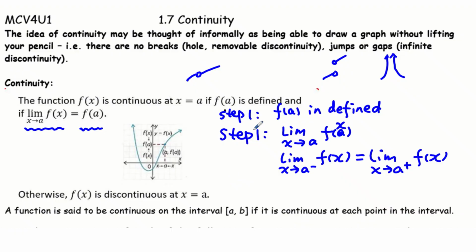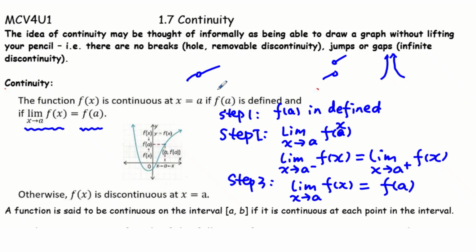And step 3, the limit also needs to equal the function value at x equals a. So f at a is the value of the function at that point.